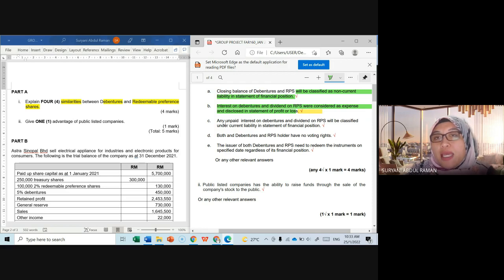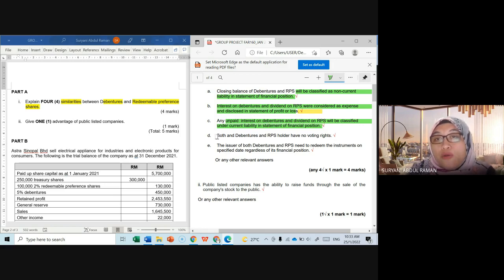Number three, any unpaid interest on debentures and any unpaid dividend on RPS will be classified under current liability in the statement of financial position. It is like a dividend payable. We call it dividend payable for RPS, and we call it accrued interest on debenture. So these two are current liabilities which need to be paid in the following period.